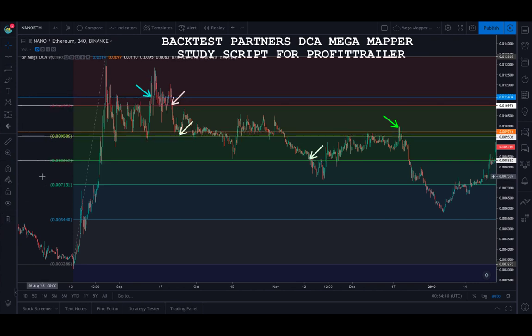So here you go. You can see our indicators would have had us enter here. This would have been our first DCA buy, all things being equal. The next one. And then we didn't hit this threshold until here.